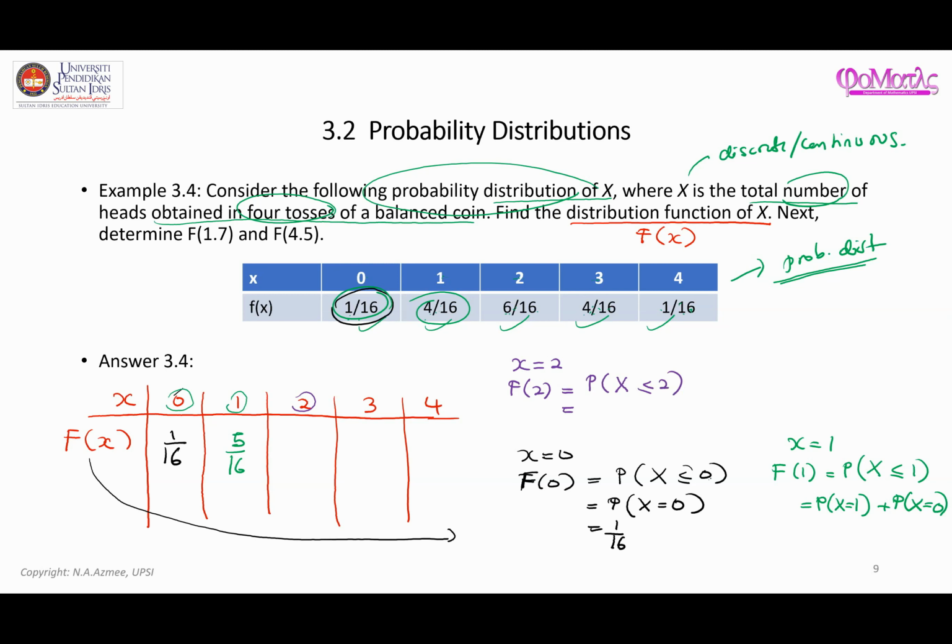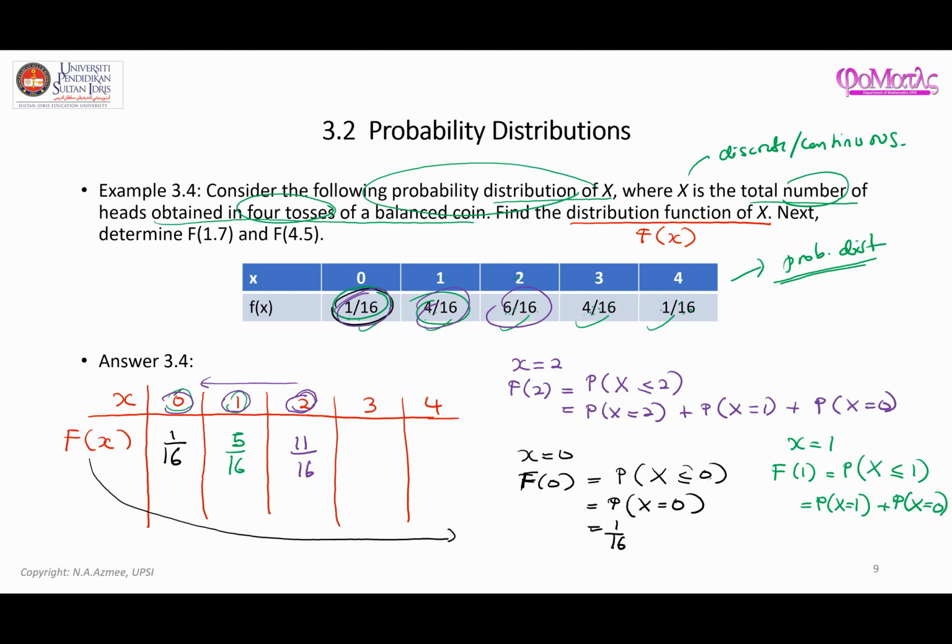It means we are going to consider the value of 2, the value for x equals 1, and the value for x equals 0, so in this direction. So we have probability x equals 2 plus probability x equals 1 plus probability x equals 0. Adding all these probabilities, we get 11 over 16.